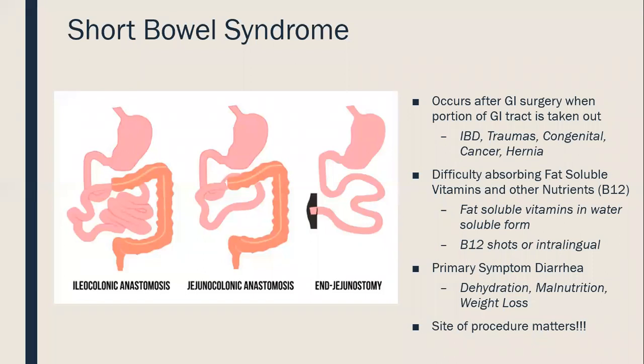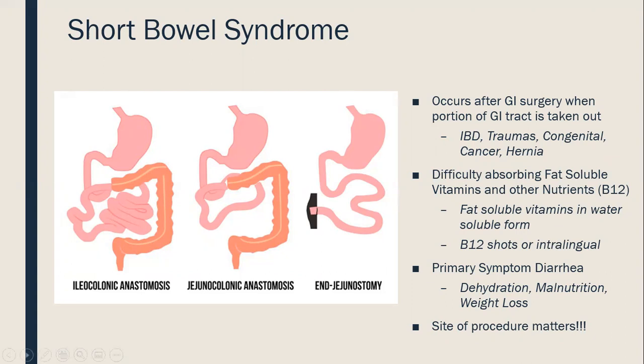Next, we have short bowel syndrome, which occurs with a removal of part of the GI tract. This occurs after GI surgery when we intentionally take it out, usually for a number of medical conditions, things like inflammatory bowel disease, traumas that may have happened, anything congenital, cancer, or even a hernia.